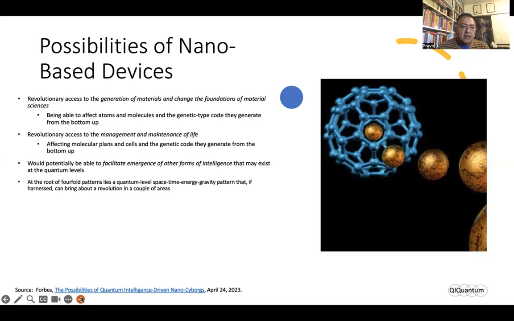And there's a root space-time energy gravity pattern that, if harnessed, can bring about a revolution in a couple of areas. First of all, it could potentially provide us an inexhaustible source of energy because, as we know, there's an infinite amount of energy, or a very vast amount of energy, in atoms.